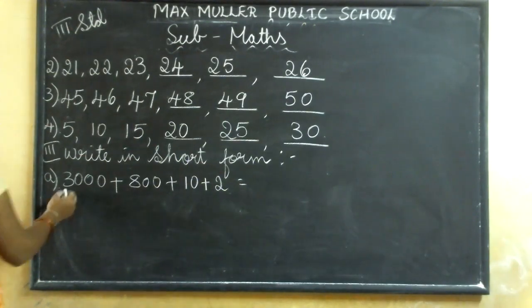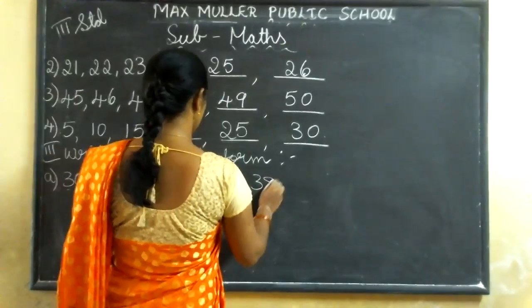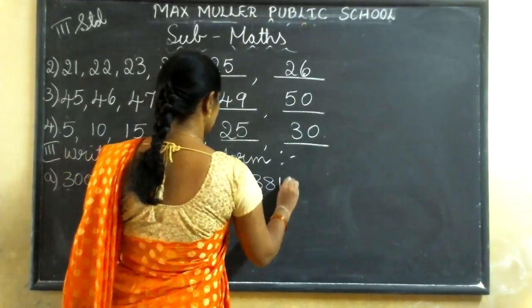So the first number you have to write is that one. See here, 3,812.